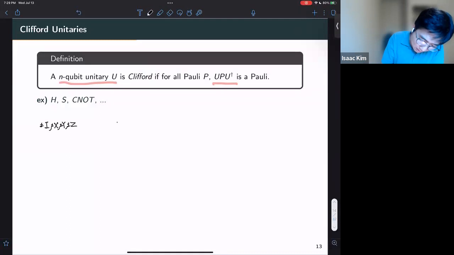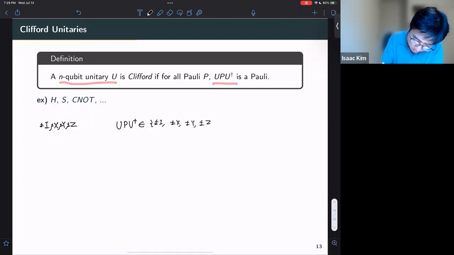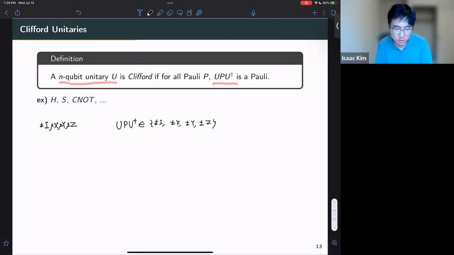What this means is that UPU dagger should be in this set. So in order to check if U is actually a Clifford, what you need to do is, for every single Pauli, conjugate by U.